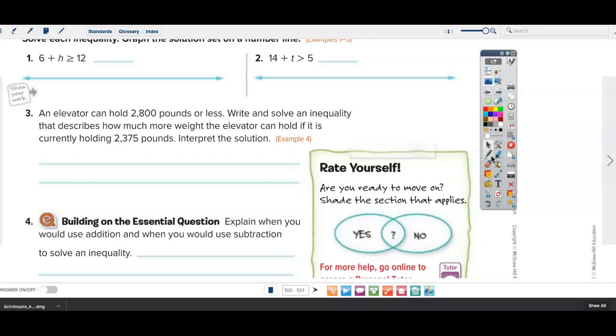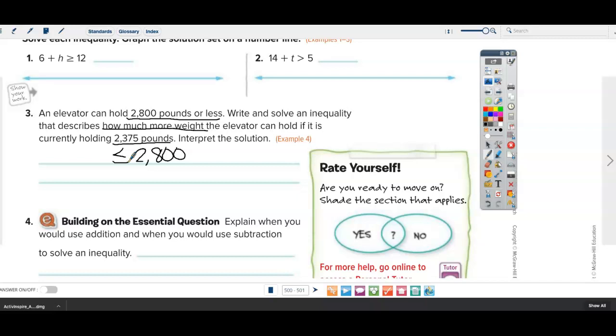So first of all, for our inequality, we've got to pick out the important information. It can hold 2,800 pounds or less, and we have that many already, and we need to figure out how much more weight it can hold. So our maximum amount is 2,800, and that's the biggest that it can be, so our alligator is going to eat the biggest number, but it could equal that, so we have a less than or equal to sign.